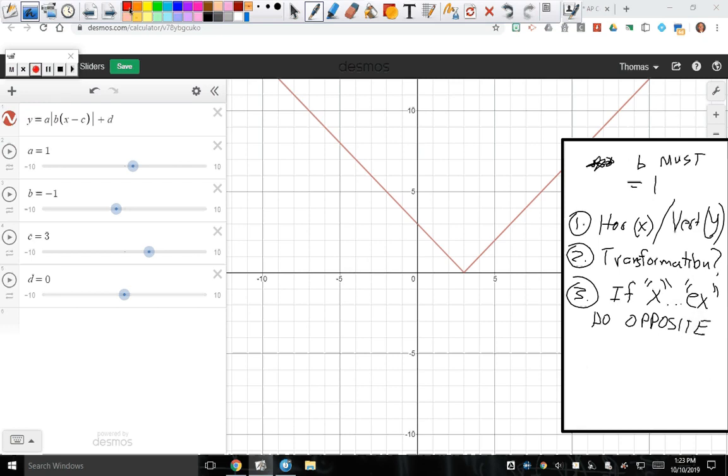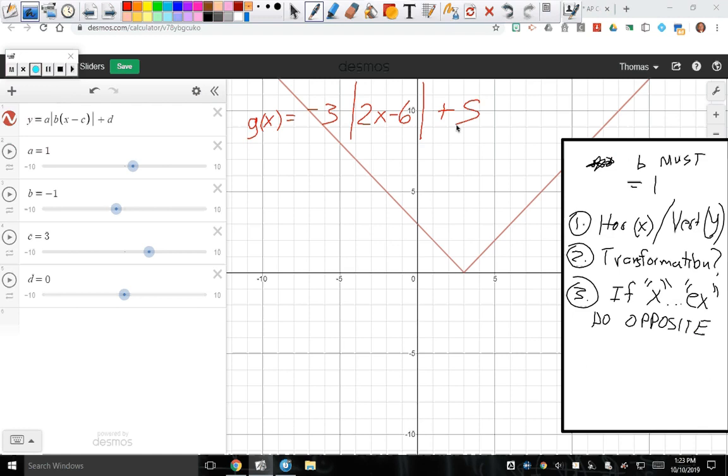Okay, here we go. So let's say I have g of x is equal to negative 3 times the absolute value of 2x minus 6, plus 5. There's a lot going on right there.